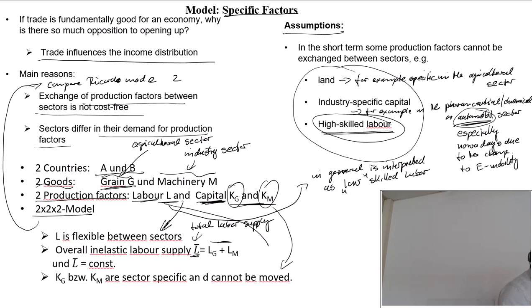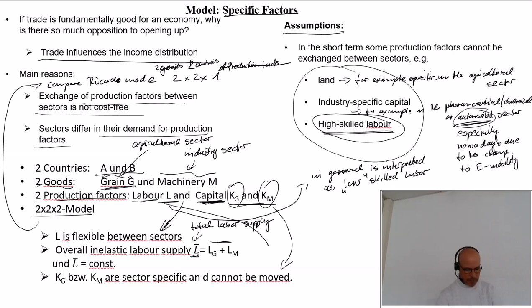There you had 2x2x1, because we had two goods, two countries, but only one production factor.